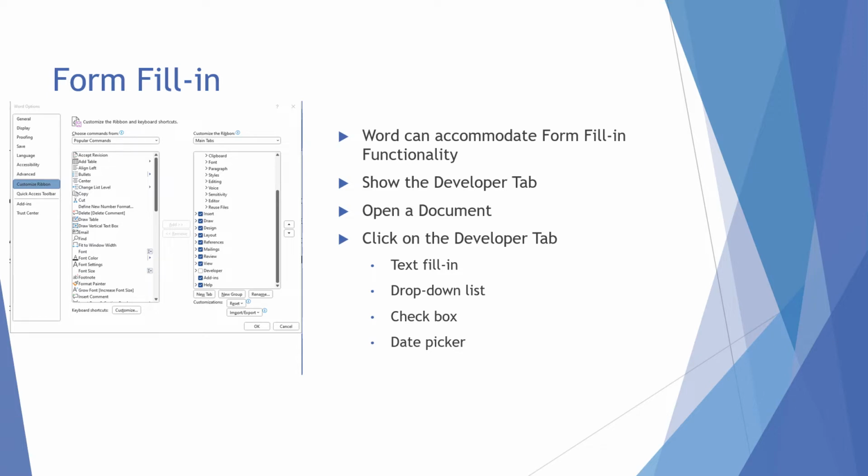Your options are Picture Controller, Building Block Gallery, Checkbox, Combo Box, Drop-down Control List, Date Picker, and Repeating Section. The final choice is Legacy Options. That gets a little confusing, so we'll save that for later.